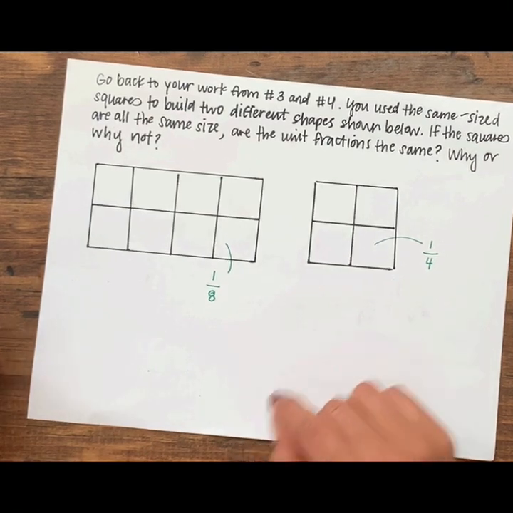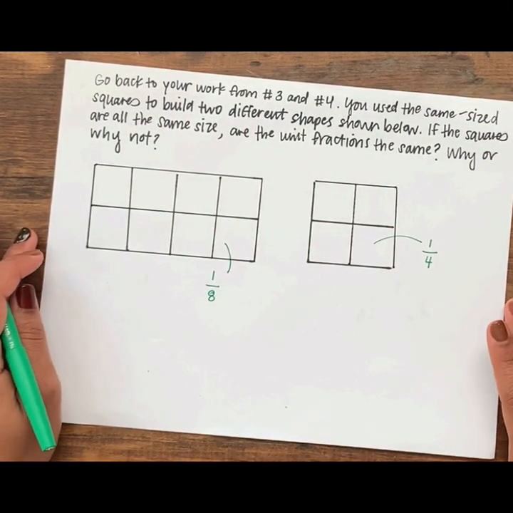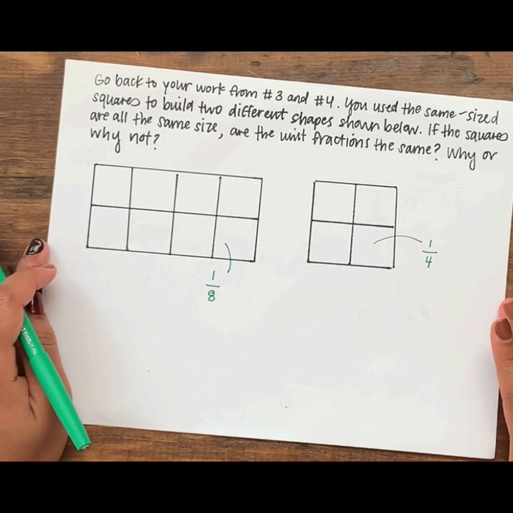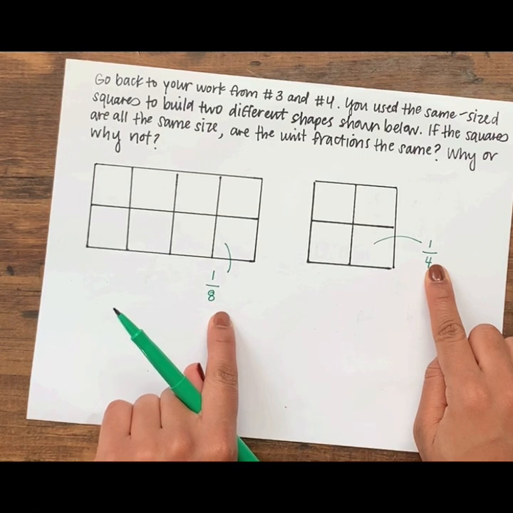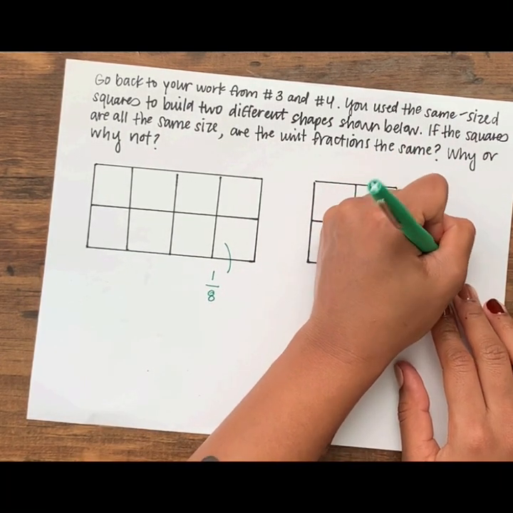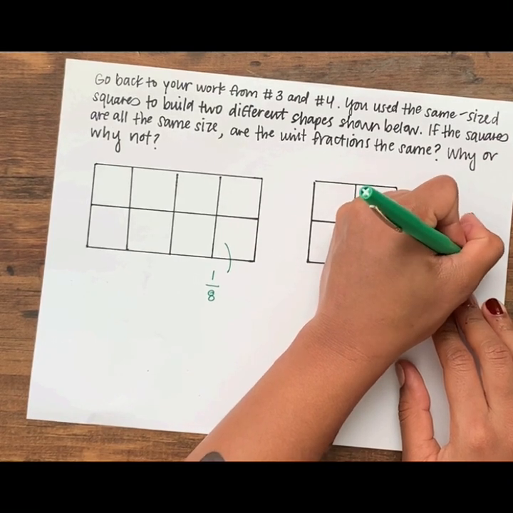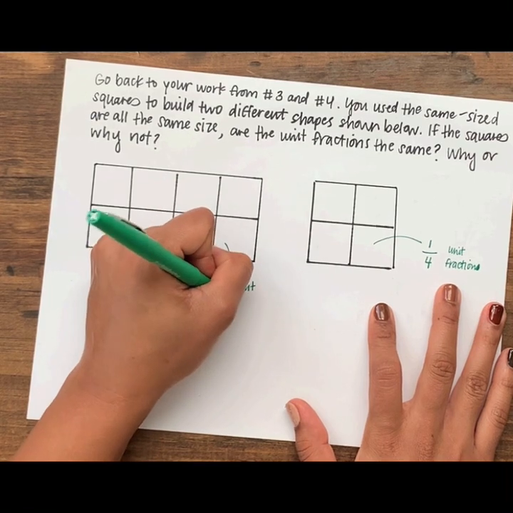Even though we used the same sized squares to make these larger shapes, why do they have different unit fractions? Say your answers out loud. Why do these shapes have different unit fractions?